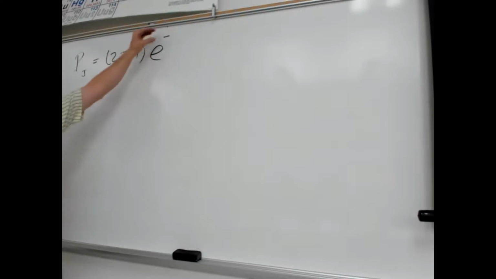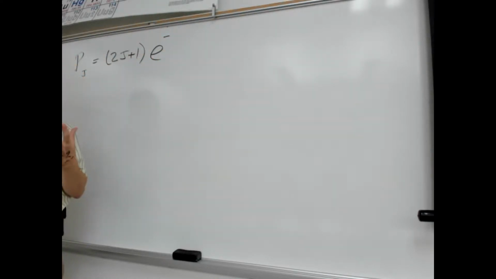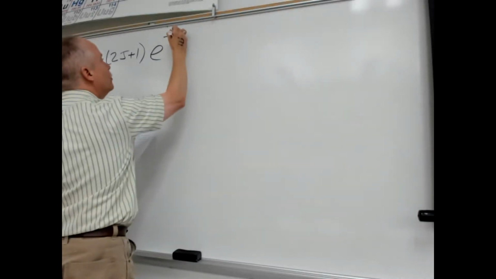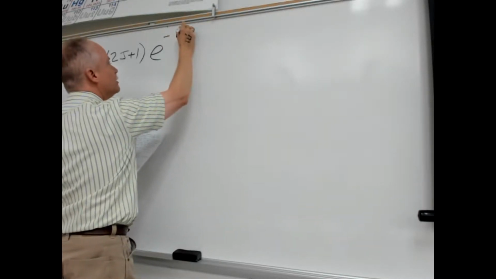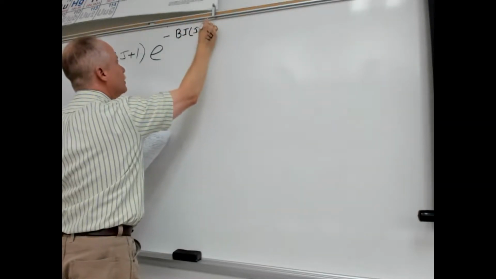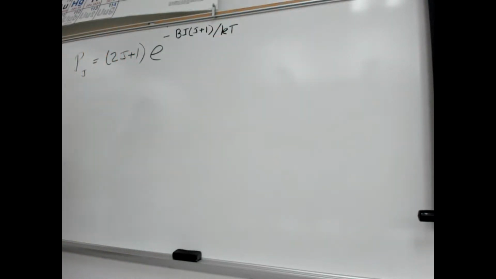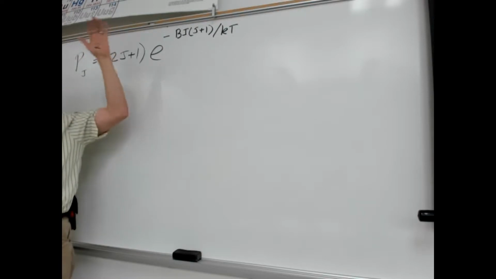And remember, it's e to the minus energy over kT. Since we're dealing with rotation, we have an energy equation, which is B, the rotational constant, times J(J plus 1), divided by kT. So when I talk about probability of the Boltzmann distribution, this is the probability of the molecules being in these different rotational levels.